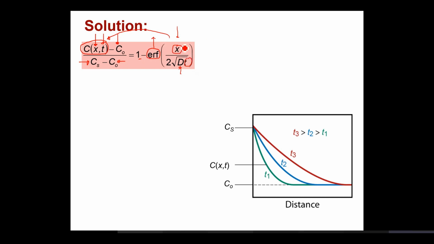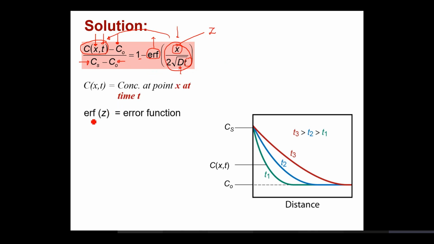We can also write this value as z, and the error function of z says that if you know the value of z, you can find out the function value using this expression, which is 2 over under root pi, integral of e to the power minus y square dy from 0 to z.